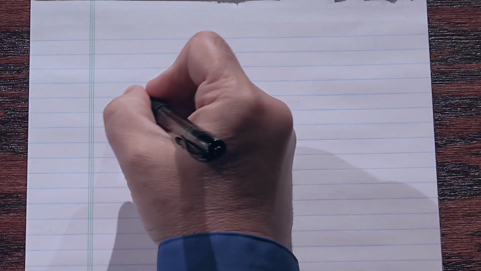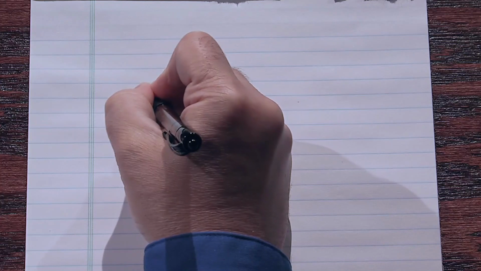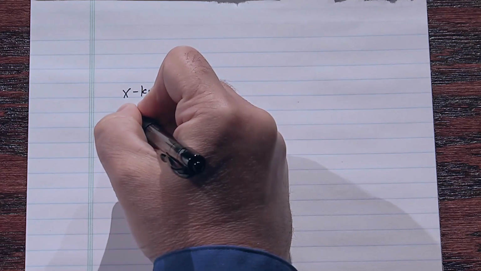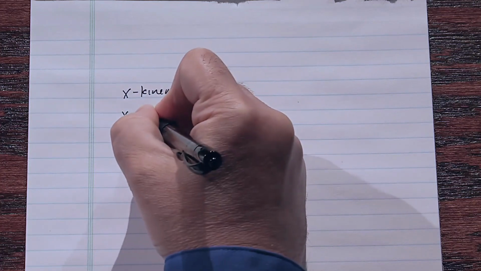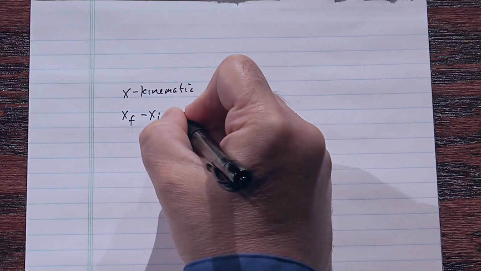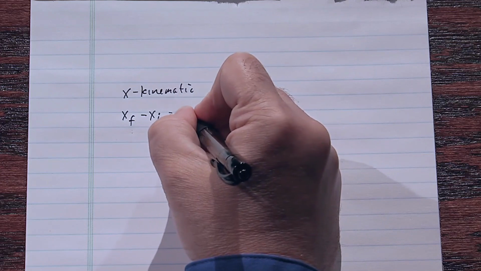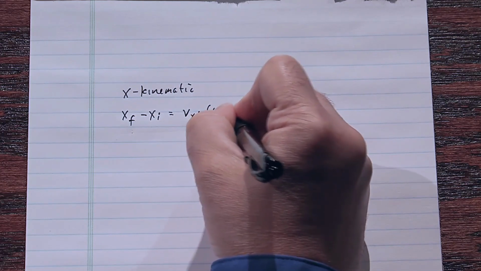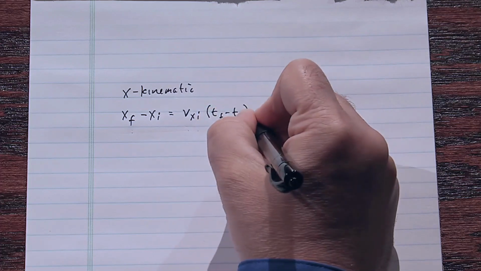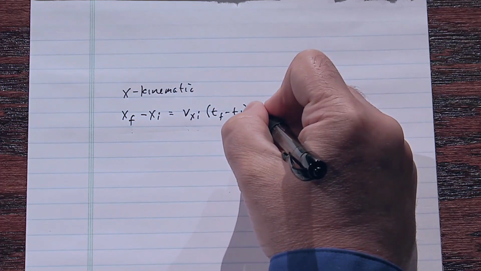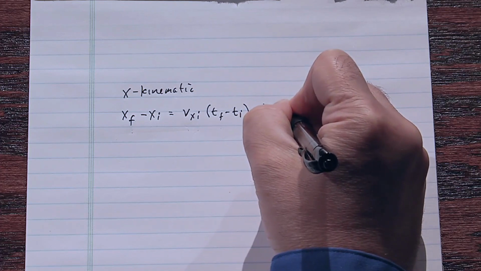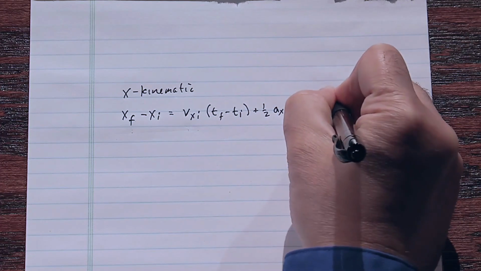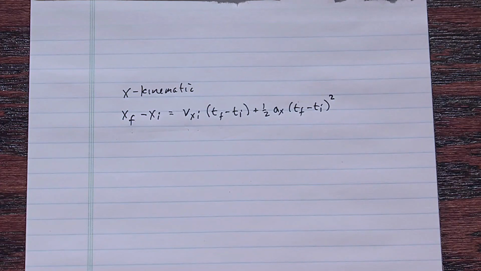So our x kinematic equation would be x final minus x initial equals Vx initial times T final minus T initial plus 1/2 Ax times T final minus T initial squared.